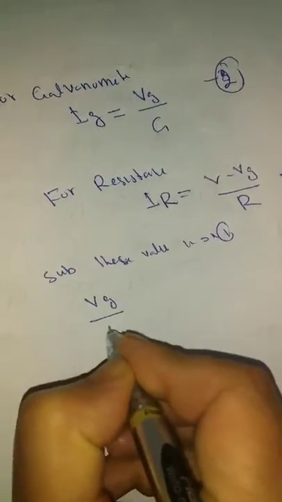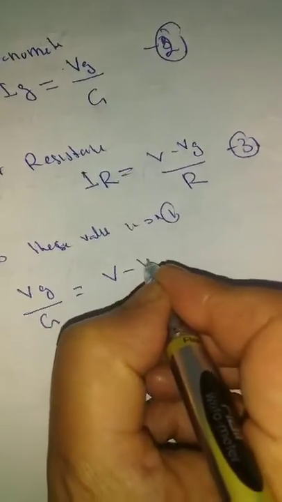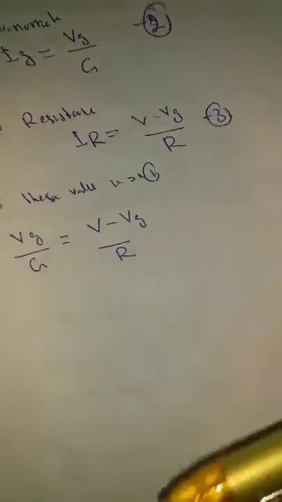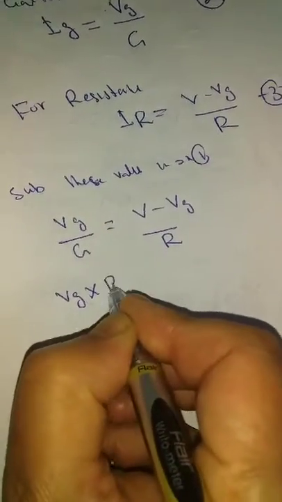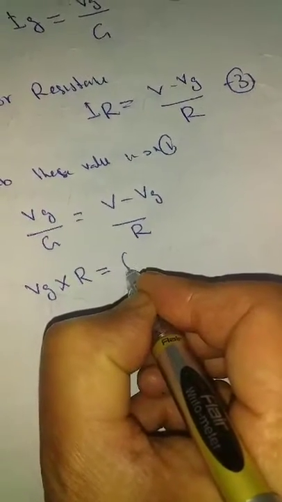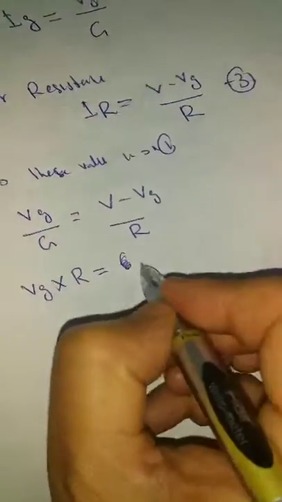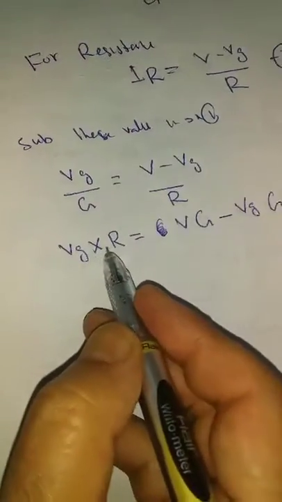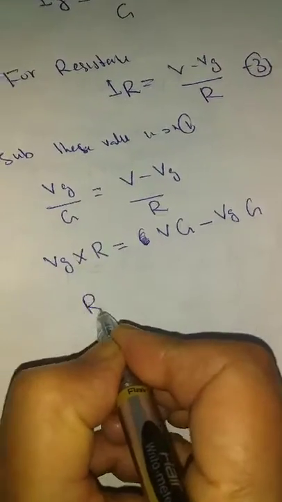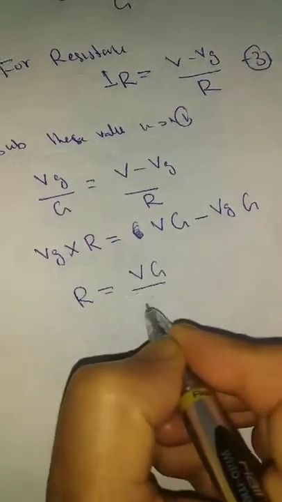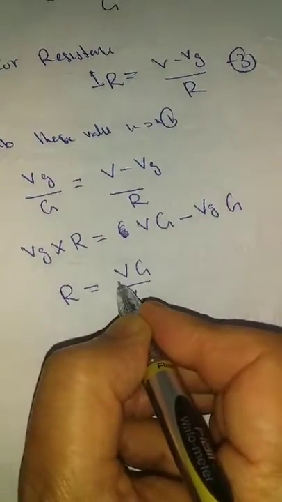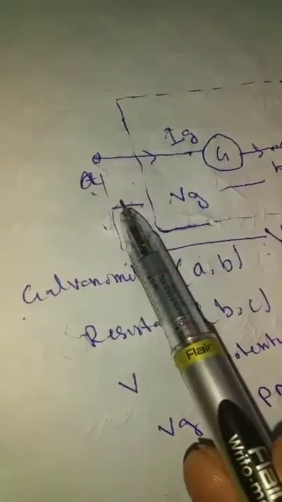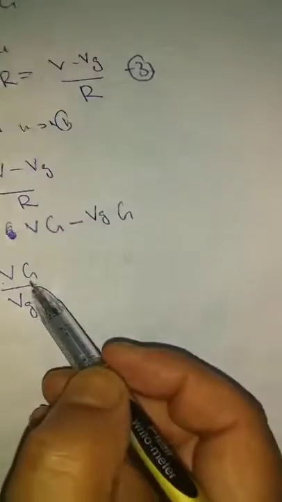Instead of Ig, I can write Vg divided by G, is equal to, instead of IR, V minus Vg divided by R. Then I can write R is equal to Vg multiplied by V divided by Vg into G, minus G. V is the potential difference between A and C. Vg is the potential difference across the ends of the galvanometer, between A and B. G is the resistance of the galvanometer.